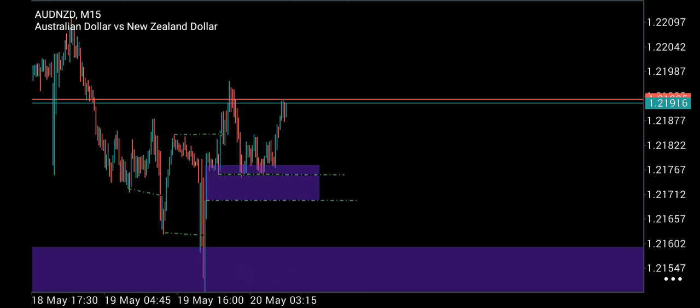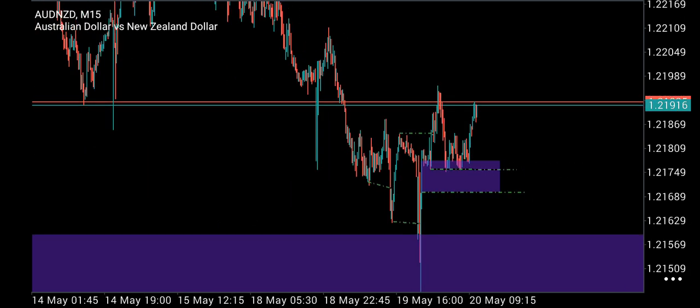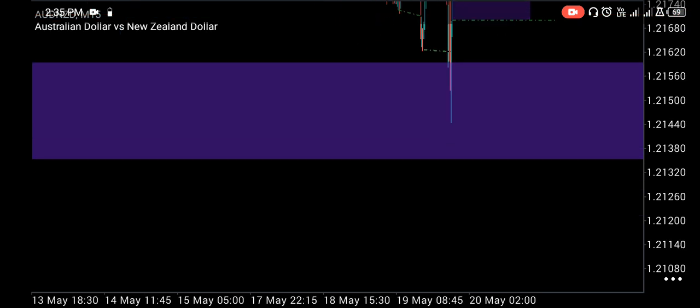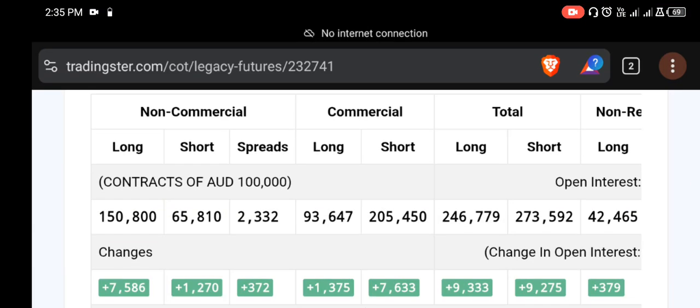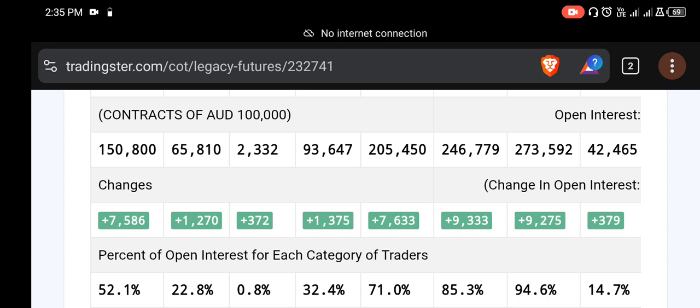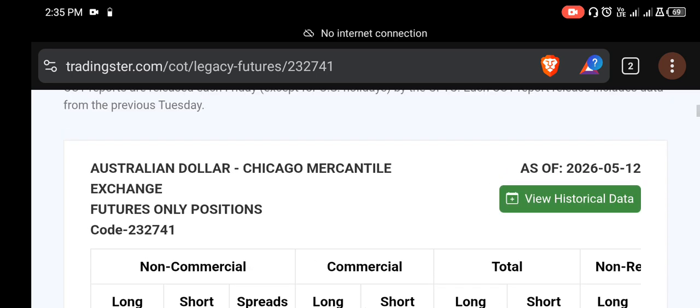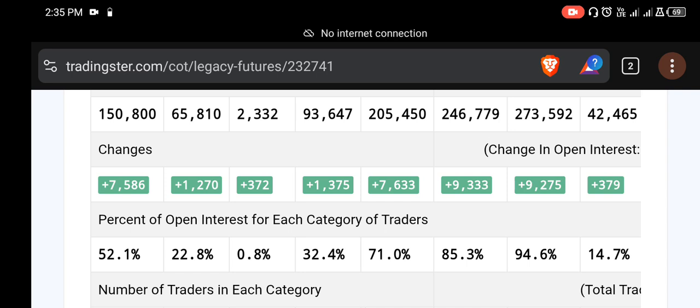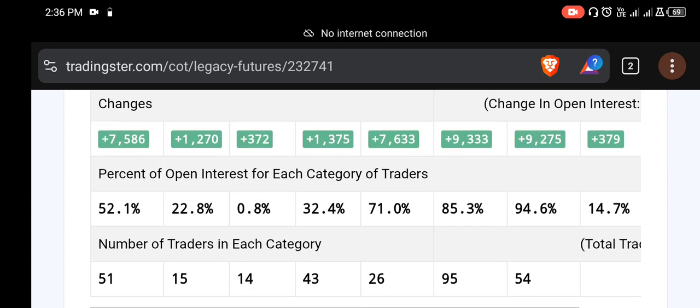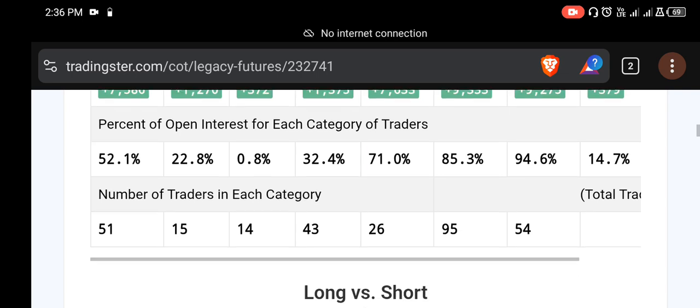Structure wise, I'll be looking for that. And we can also look at the COT report. We can see that the institutions are longing the Australian dollar, where this week they added 7,000 positions with an open interest of 52% and a volume of 51.